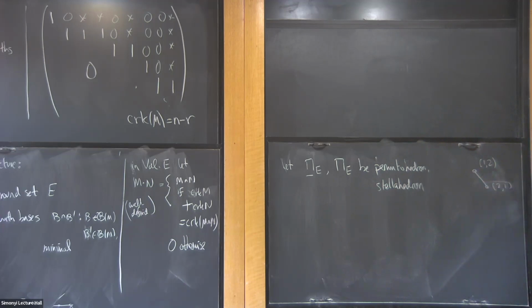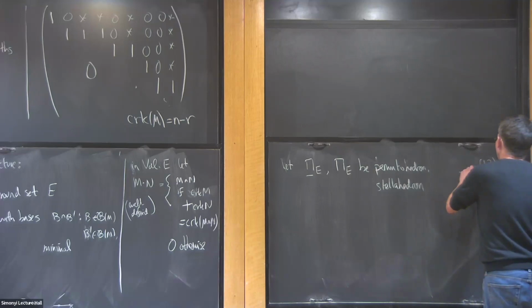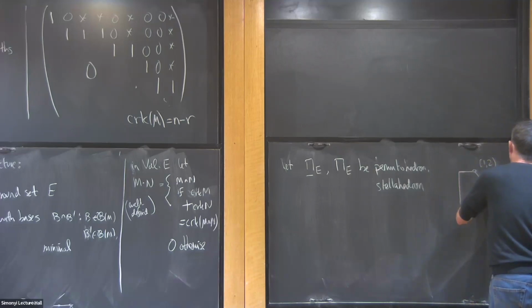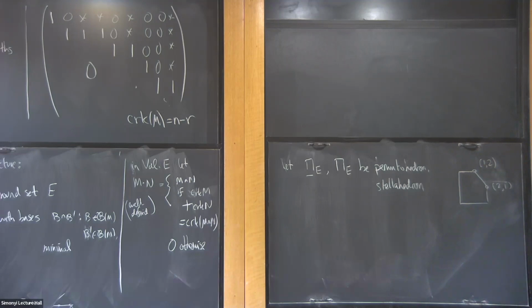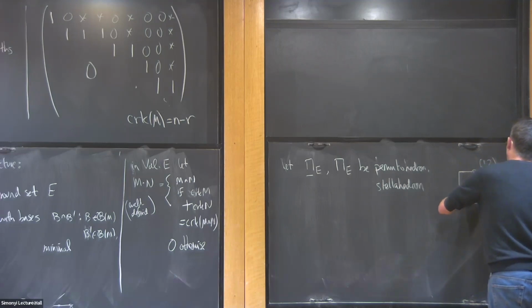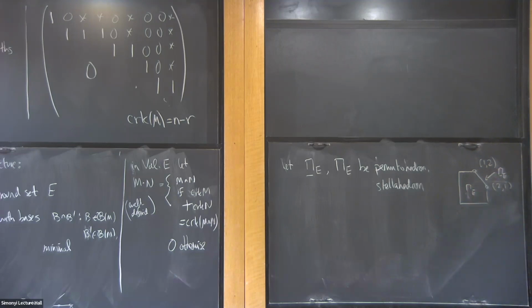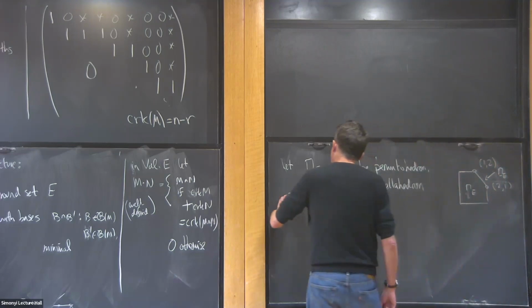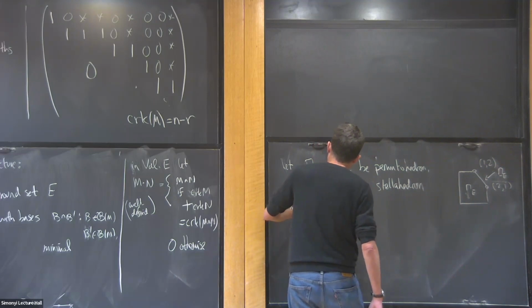And then the stellahedron is in one dimension higher, obtained by adding in the origin and taking all the coordinate plane projections of the permutohedron. Whatever you get, this is the stellahedron.